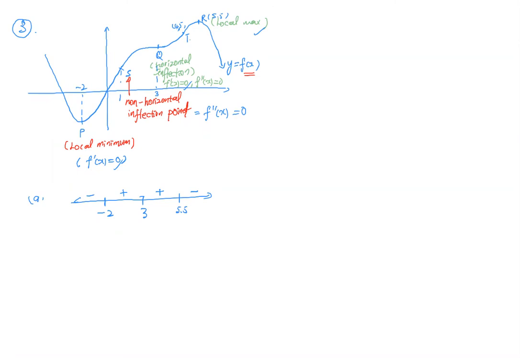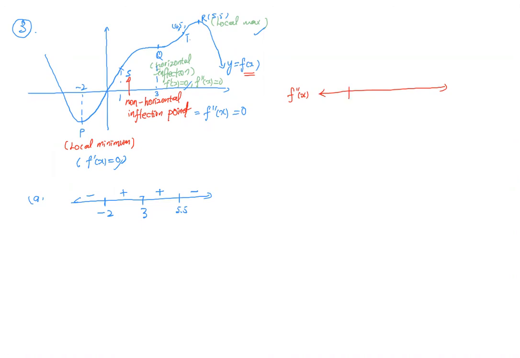Hence, sketch the graph. Before we sketch the graph for f prime x, we ourselves have to draw the sign diagram for f double prime x. For f double prime x, you have to mark down all the inflection points. So there are 3. This is not part of the answer, but will help you to sketch the graph.